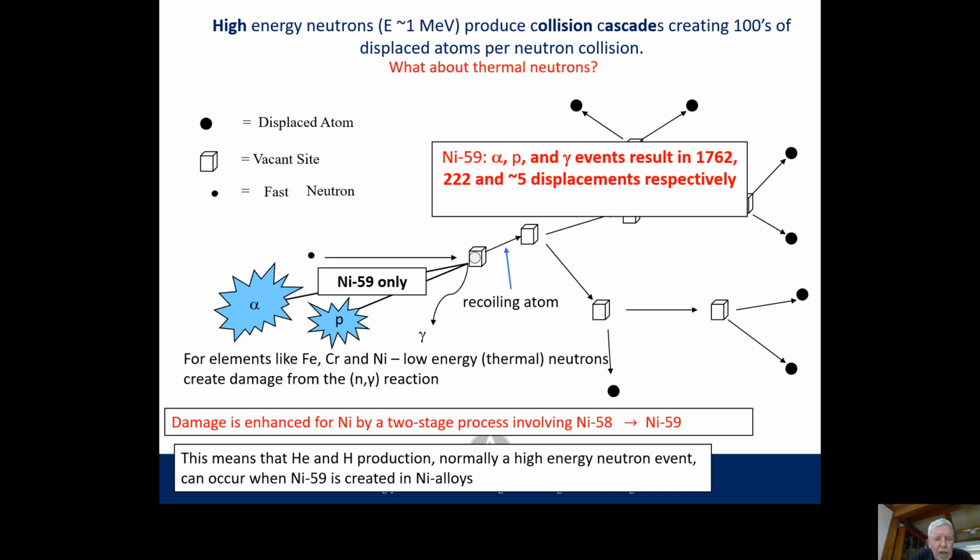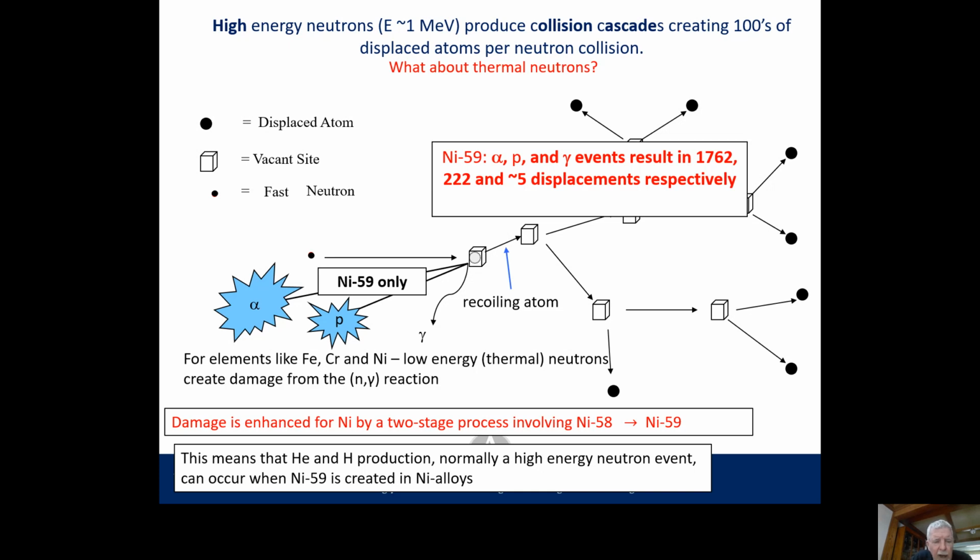But if you have nickel present, the initial absorption can create nickel 59, and then you have the possibility of a whole bunch of other reactions, the N-p and the N-alpha reactions, which can be extremely damaging.